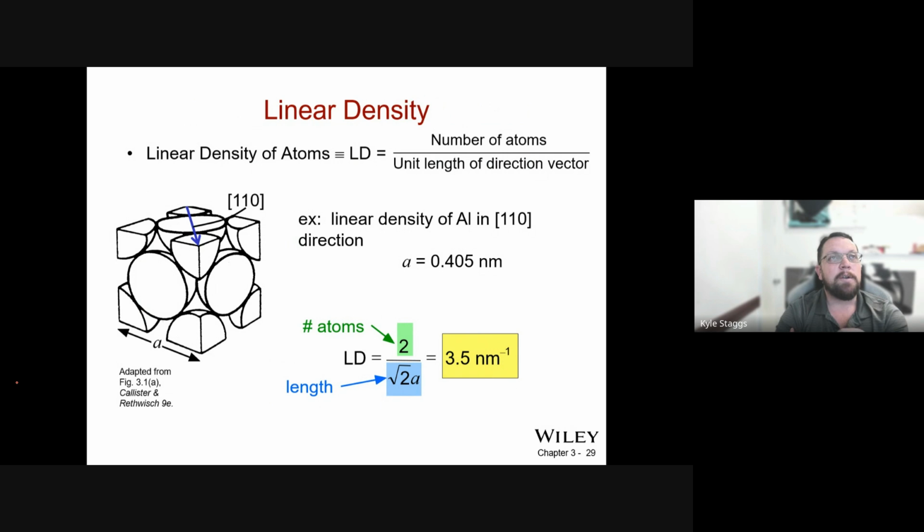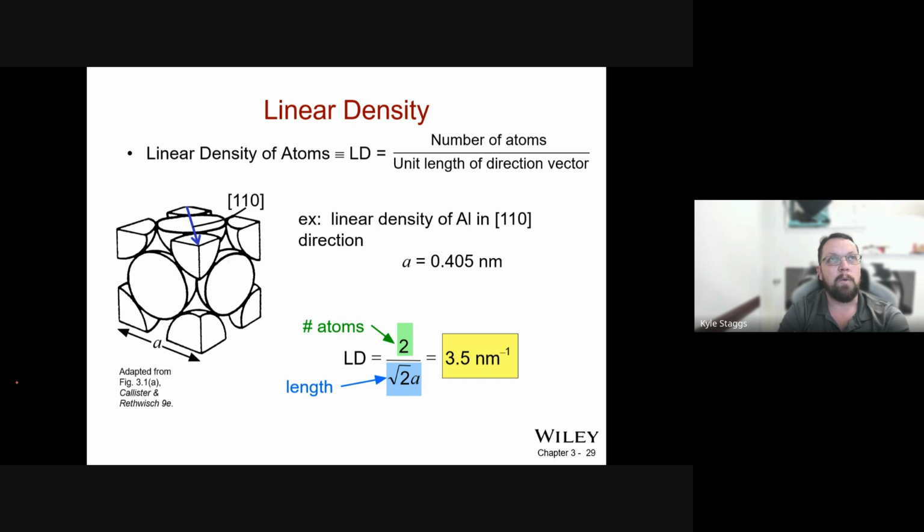The linear density is different from the atomic packing factor. The linear density is determined based on the number of atoms divided by the unit length of a direction vector.